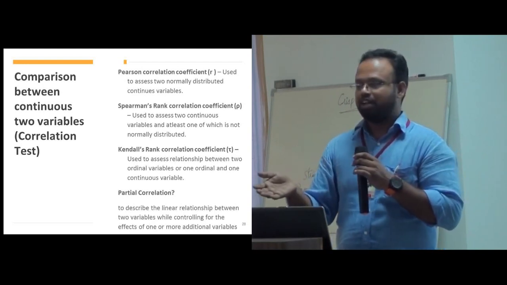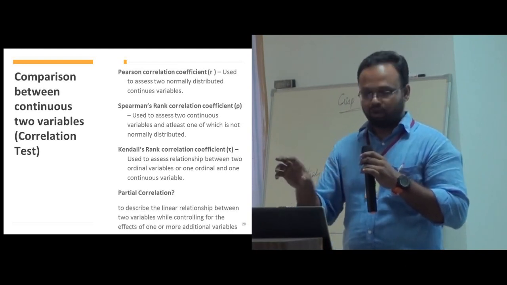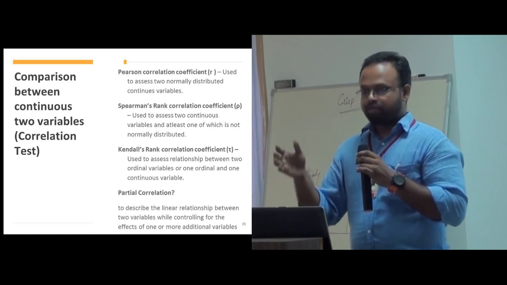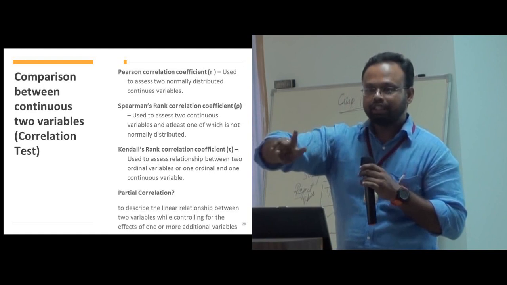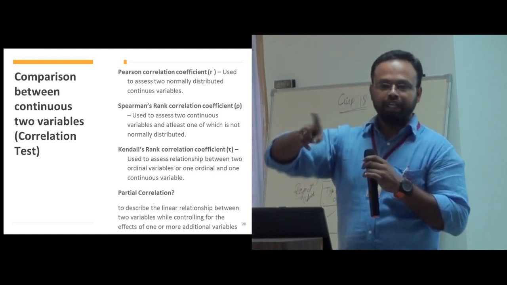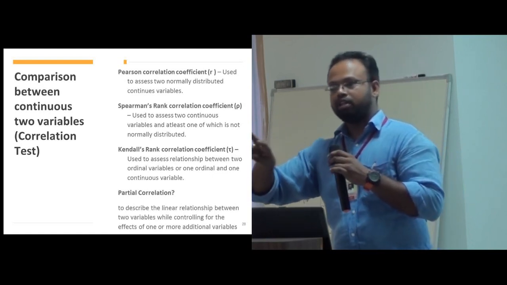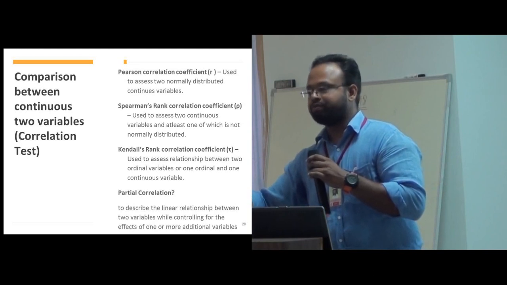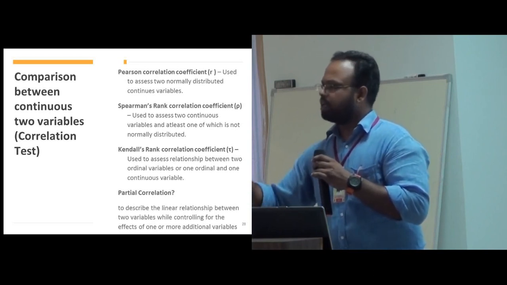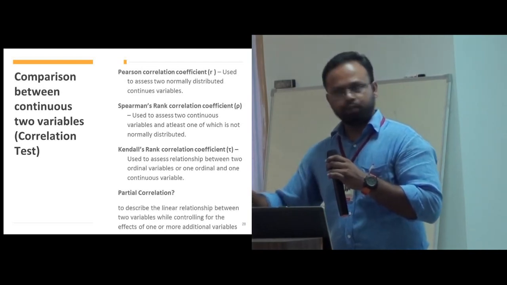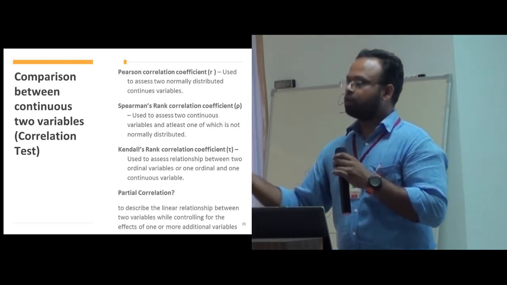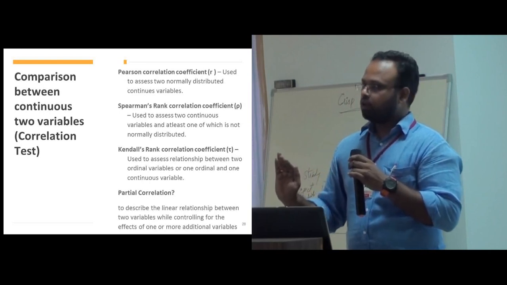There is no study design called a correlation study. We use it for two continuous variables, like age and BP, or income and expenditure. If you want to calculate that, it is called correlation.